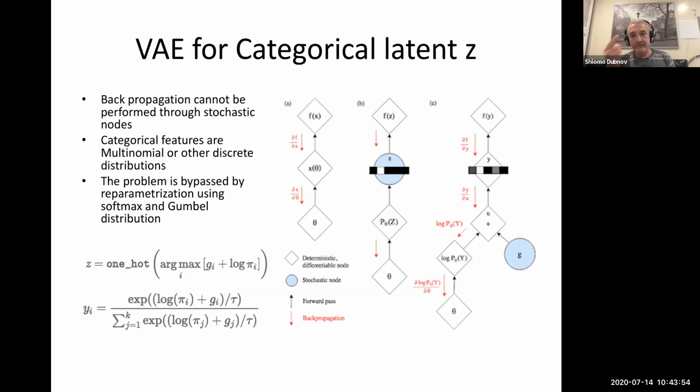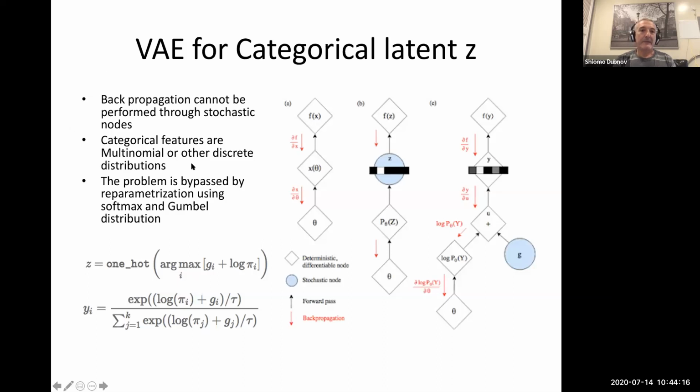And this is really relevant for music, because you need to decide how you treat your notes. We have seen already the idea that backpropagation cannot be performed through stochastic nodes, and that's the reparameterization trick.